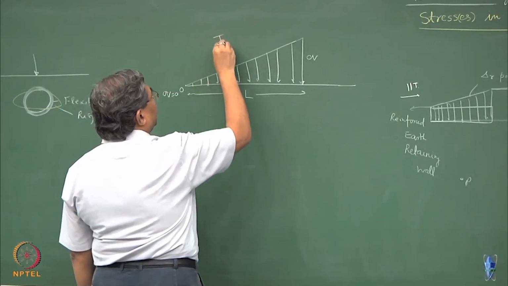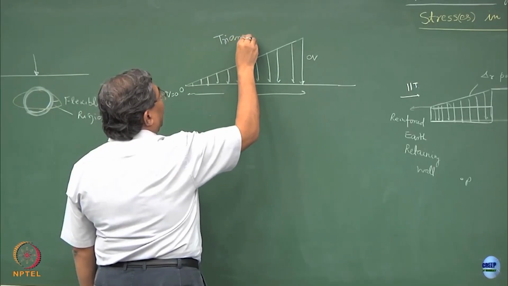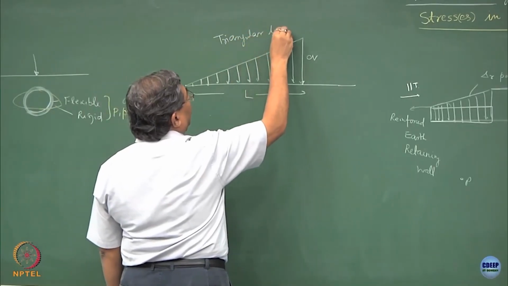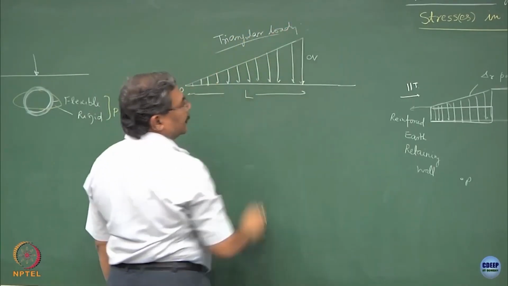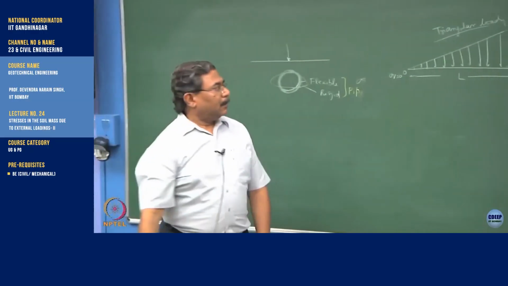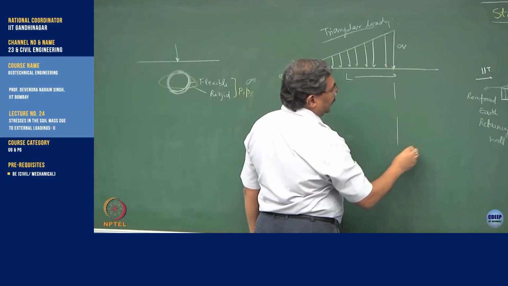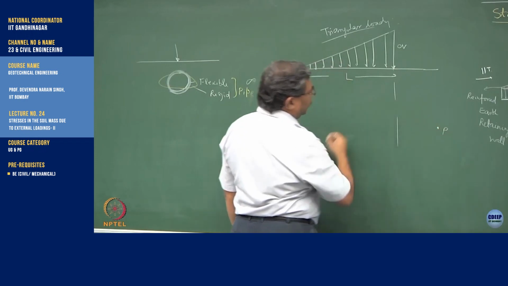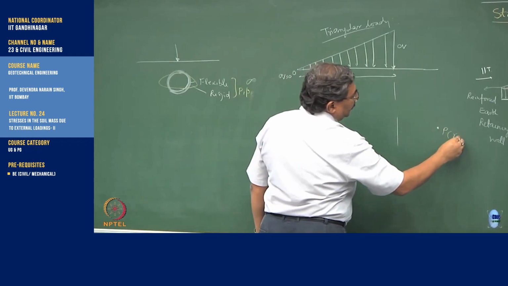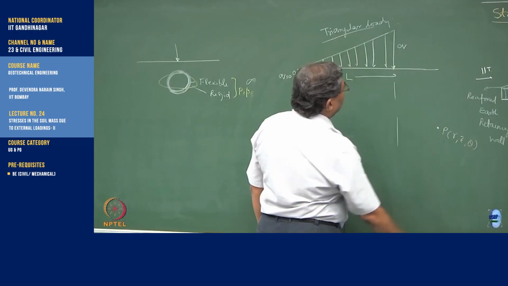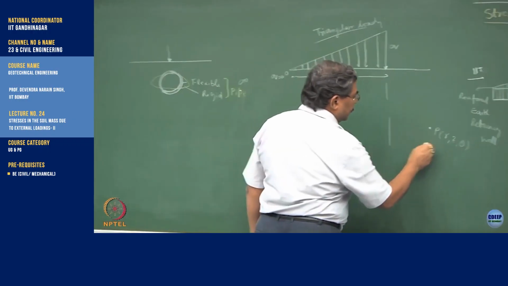Now this is what is known as a triangular loading, and the statement of the problem remains the same. Find out the stress at a point P, this could be anywhere, coordinates are known, r, z, theta, and find out the state of stress at this point.